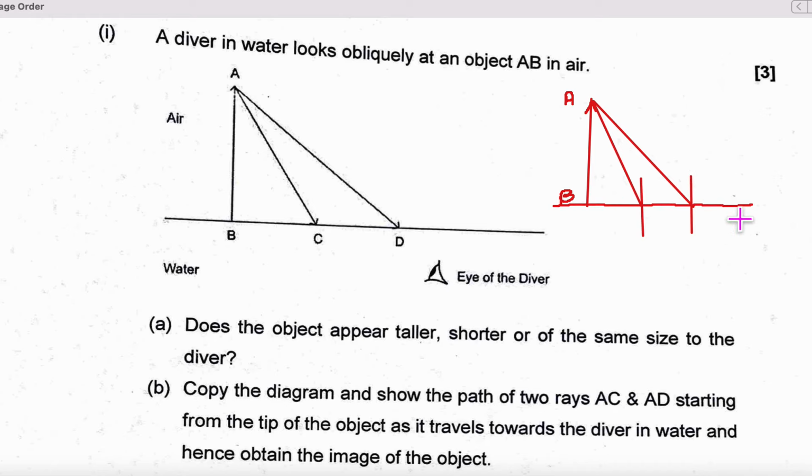Now tell me, it goes into the denser medium, so it is going to turn towards the normal, yes? So when it is turning towards the normal like this, it is going to appear to be coming from here. So we will need the reference line.